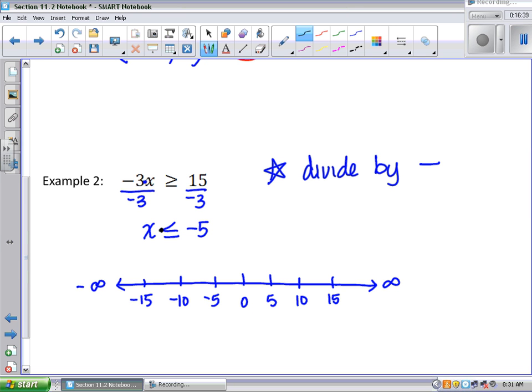Little side, it's going to the left, so I'm going to start at negative 5 and shade to the left. I have less than or equal to, so for my equal to ones, I'm going to use that square bracket at my number. And in my interval, the left edge starts at negative infinity. We always use a parenthesis with negative infinity. It goes out to negative 5 with a bracket.